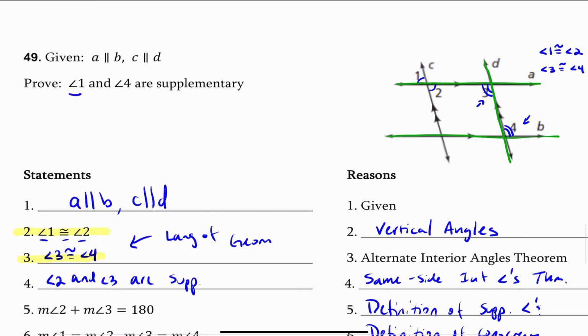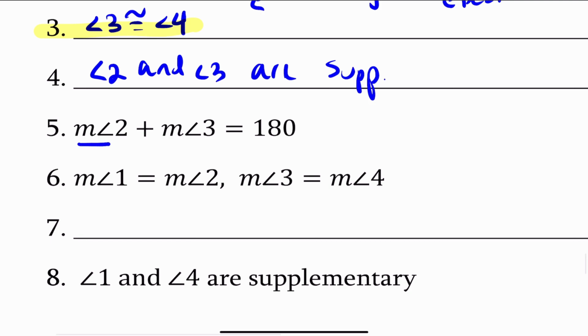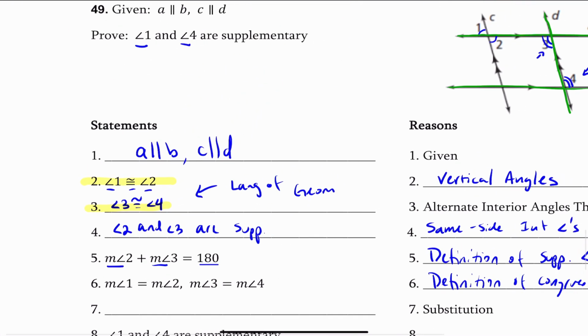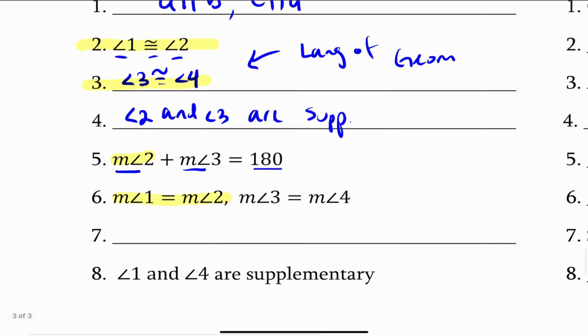So, what am I supposed to do? I'm trying to prove that angle 1 and angle 4 are supplementary. So now that I see that measure angle 2 plus measure angle 3 is equal to 180, once again, I'm proving that angle 1 and angle 4 are supplementary. Since measure angle 2 is equal to measure angle 1, and measure angle 3 is equal to measure angle 4, we have to substitute both of them.